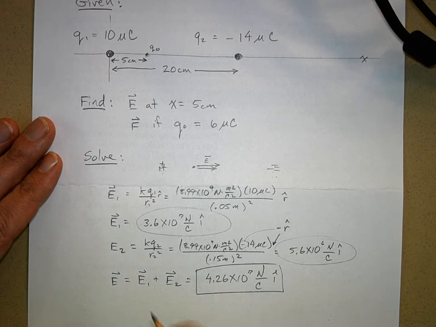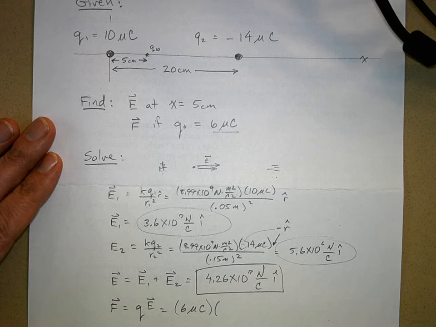Now to find the force on my test charge, what if my test charge is equal to 6 microcoulombs? Well, the force is just equal to the charge times the electric field. So this is going to be 6 microcoulombs times 4.26 times 10 to the 7 newtons per coulomb in the I hat direction.